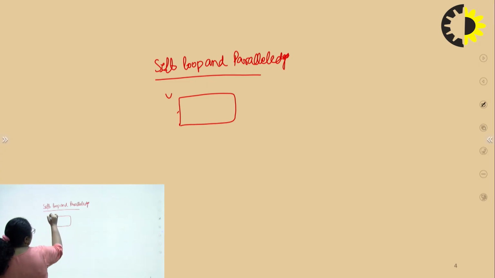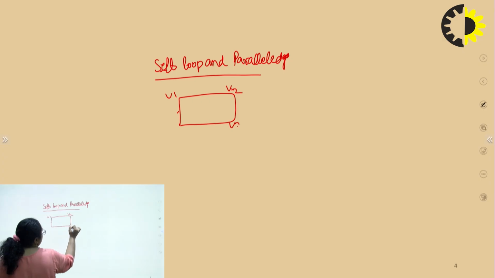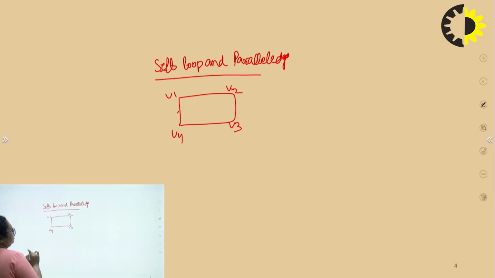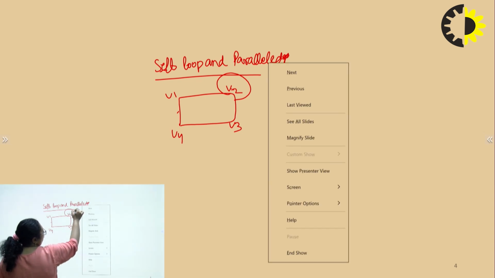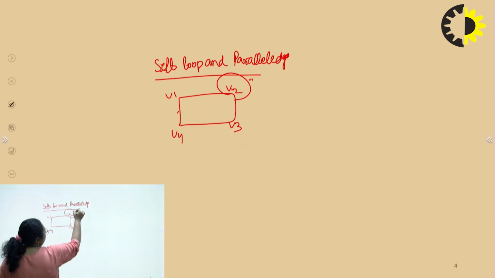If we have this graph, a self loop is a loop that starts from the same vertex and ends at the same vertex. Suppose I add this, it is called a self loop.